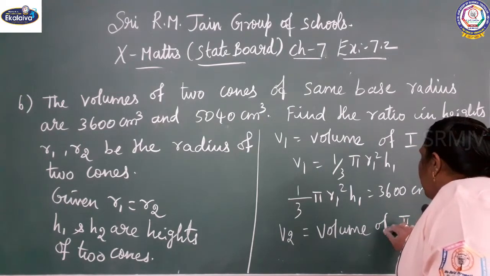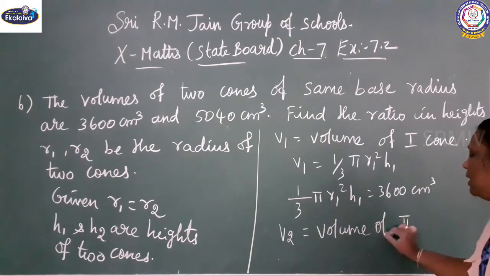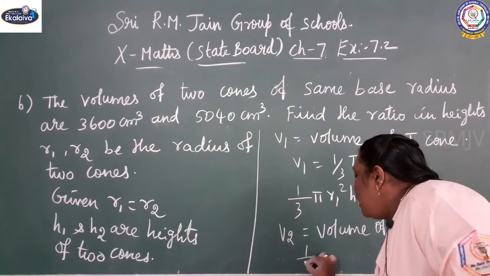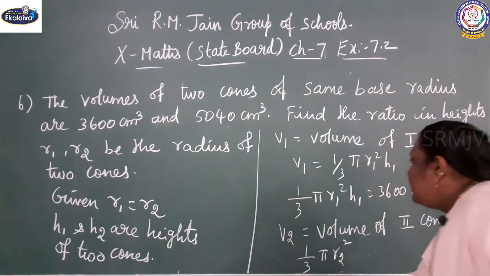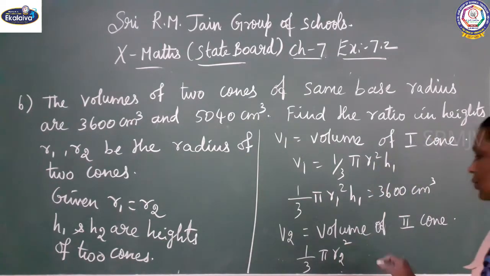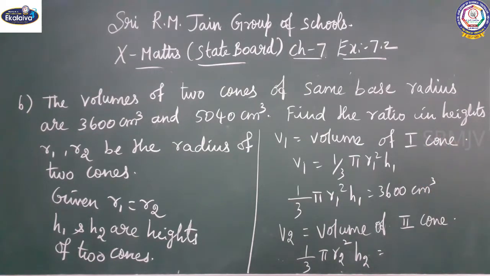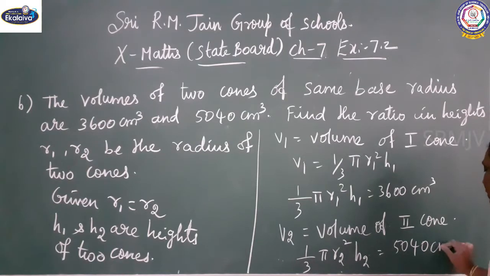V2 equal to 1 by 3 pi R2 square H2, which equals 5040 centimeter cube.